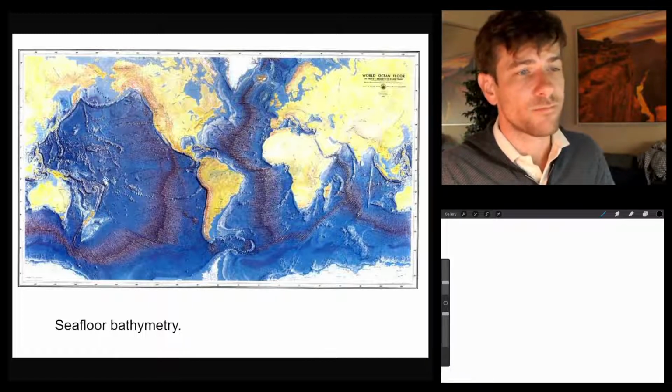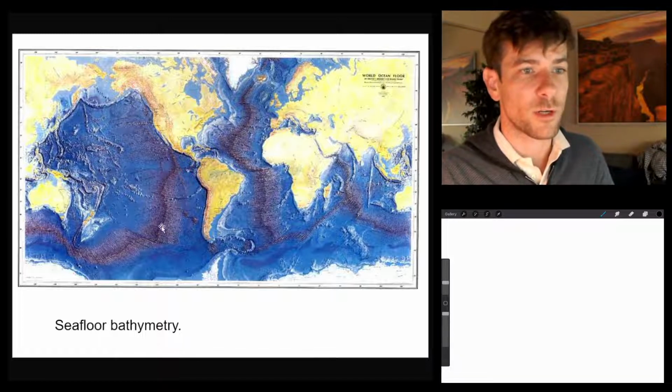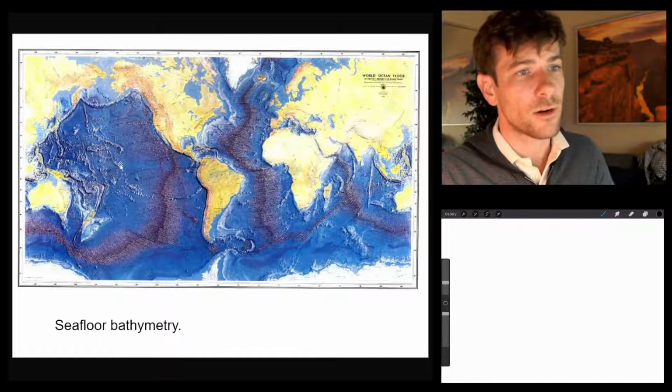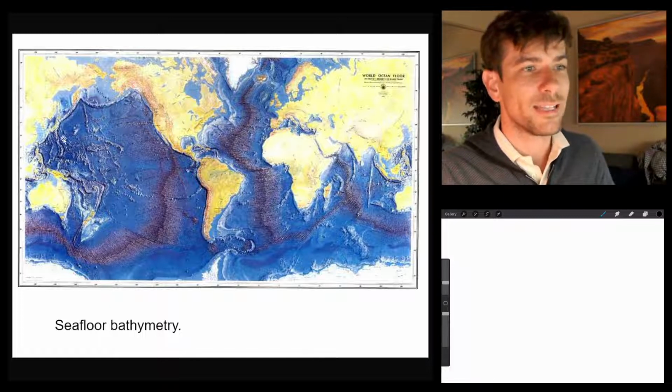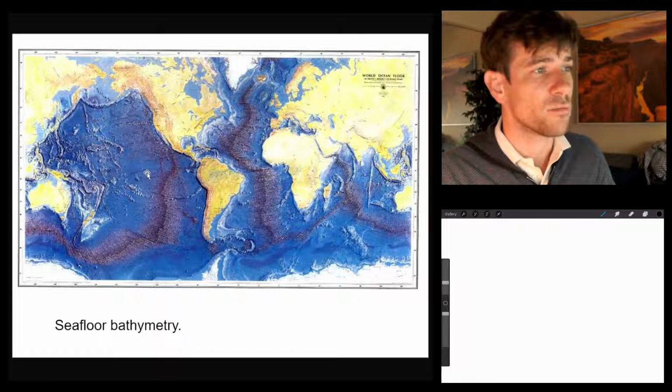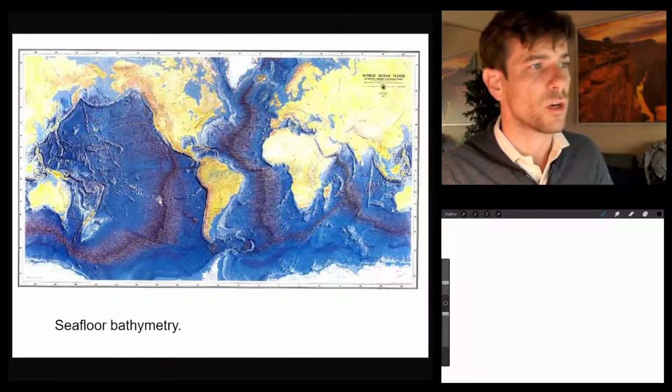Those are trenches. And so to give you an idea, mid-ocean ridges, the ridge might be around 3,000 meters depth. The ocean floor out here, away from the ridge, might be around 5,000 meters deep. And these trenches, the deepest trenches, like the Marianas Trench, they can get down to over 10,000 meters, I believe, or something in that neighborhood at least.